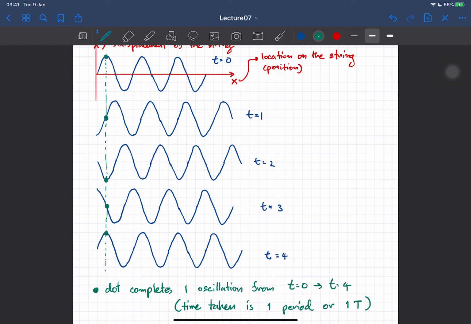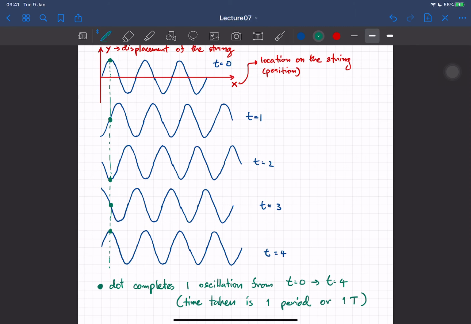Now I'm going to follow not one particular dot on the string, but one particular dot on the wave itself. So what do I mean by that? Let's pick the same dot here at the starting point. Now I'm going to put it in red. But now I'm going to follow the peak of the function all along the wave at different times.